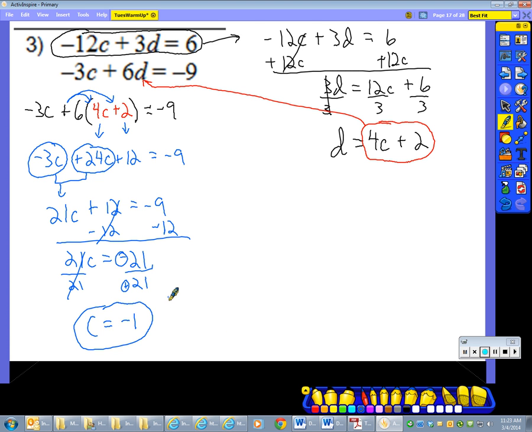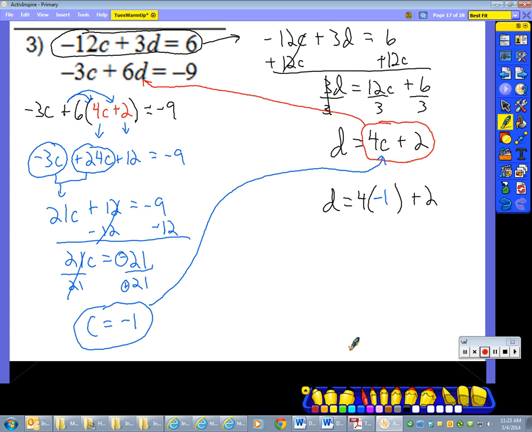So now, in order to find out what d equals, all I do is I take c equals negative 1, and I'm going to sub it in for c on my equation. So it's kind of like I'm making a big circle here. So let me write this out, and I'm going to color code it. What I sub in, I'm going to put in as blue. So we have d equals 4 times, and in there I'm going to put negative 1, because that's what c equals.